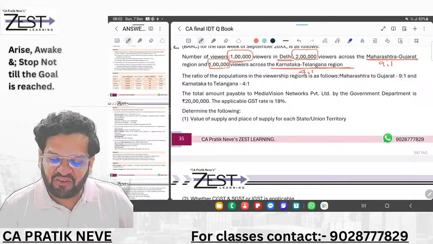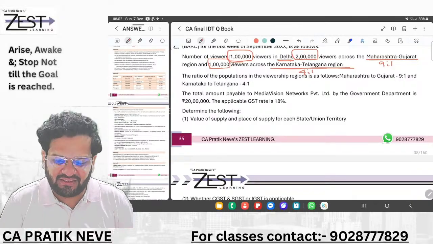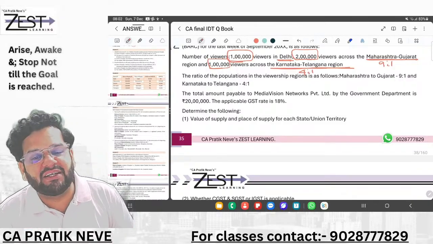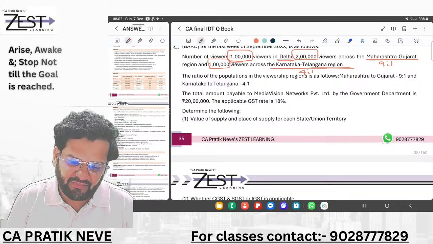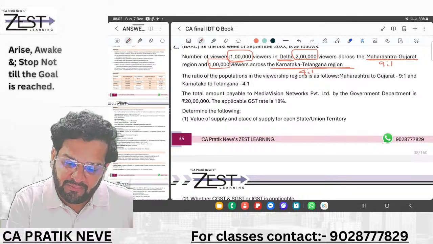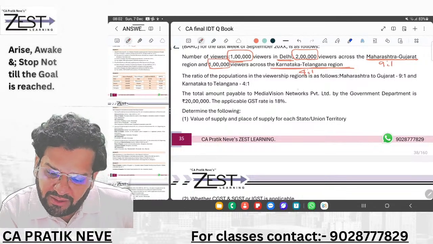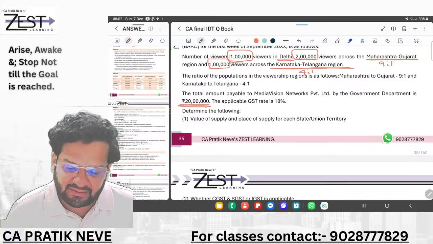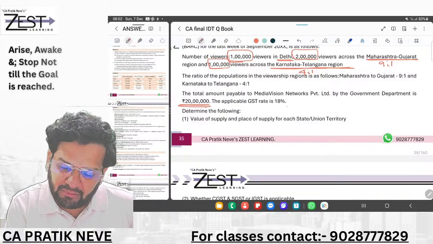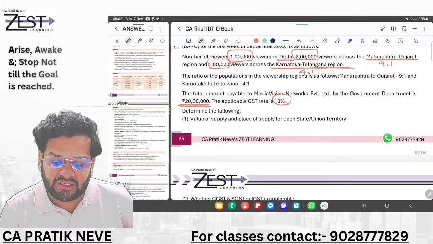So friends, we are just trying to visualize how much of advertisement services would have been used in which state. How to break that up now. Total amount payable to Media Vision Networks Private Limited by government department is 20 lakhs and the applicable GST rate is 18%.